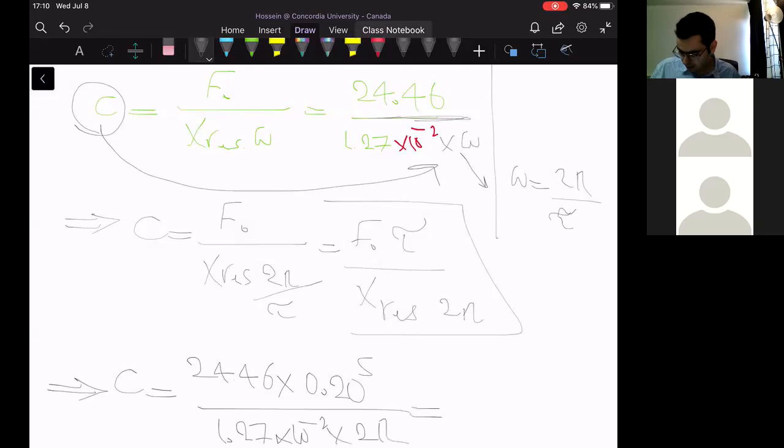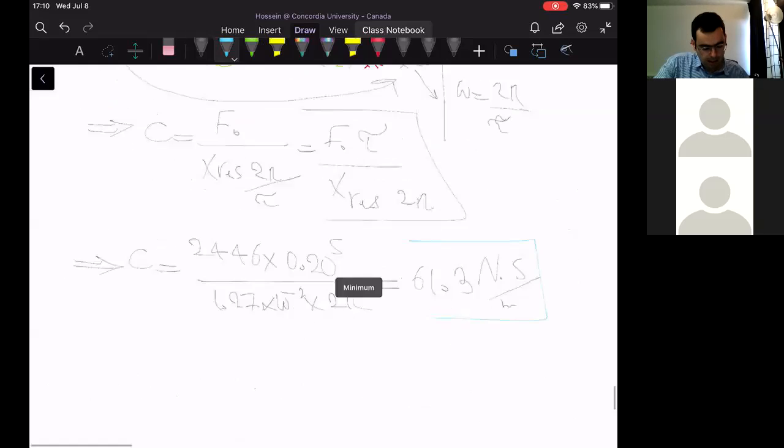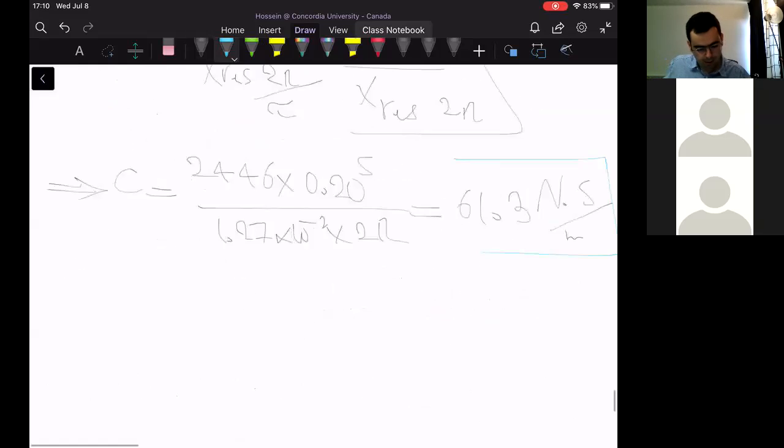Therefore, C is obtained as 61.3 Newton second per meter. This is how we obtain the damping constant following equation 3.1.